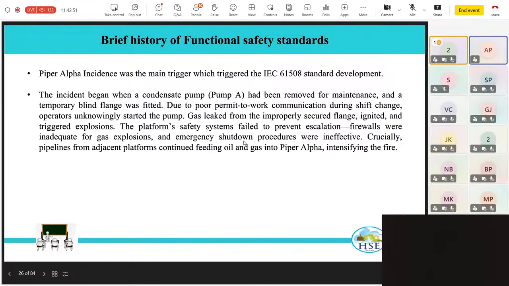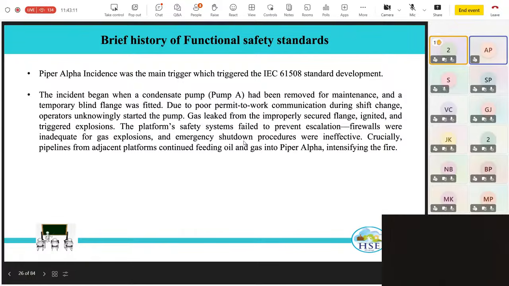In doing that, they did not pay full attention, and when they were converting the platform from an oil platform to an oil and gas platform, all the precautions were not taken. One major precaution they forgot to take: there were living accommodations on this platform.